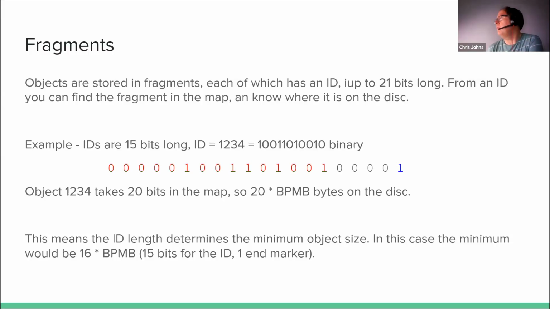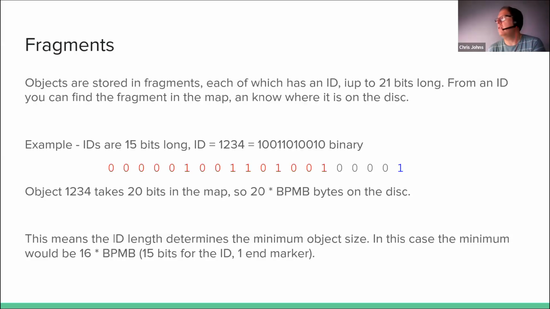So I've got an example there, with some pretty coloring. I've gone for 15-bit IDs. This is for ID 1234, which is that binary number. Obviously, it's 15 bits, so it's padded out with zeros. After the red portion, there are 4 black zeros.